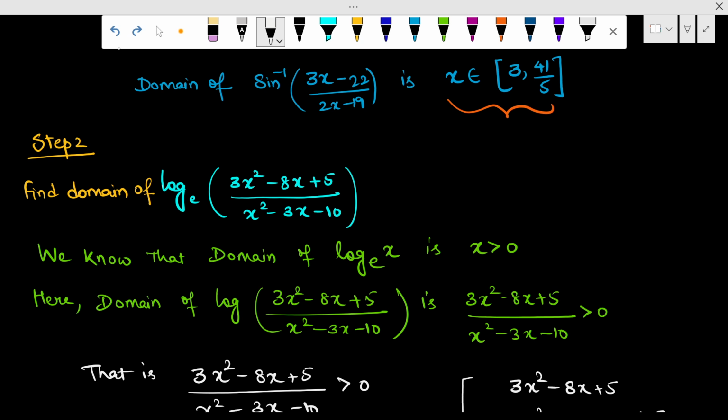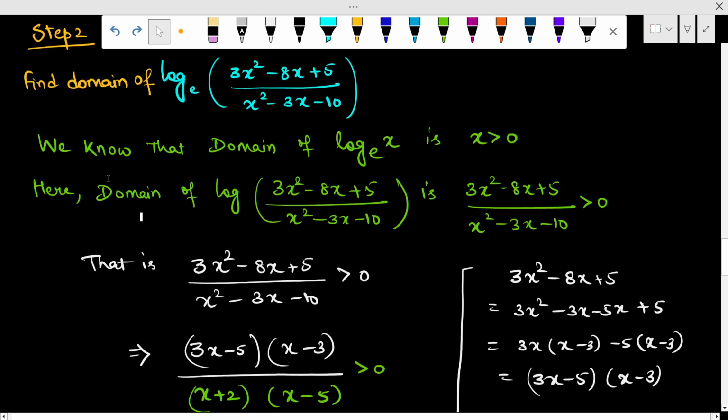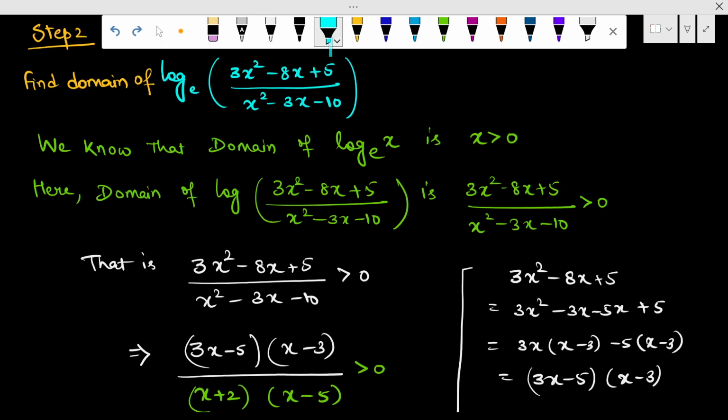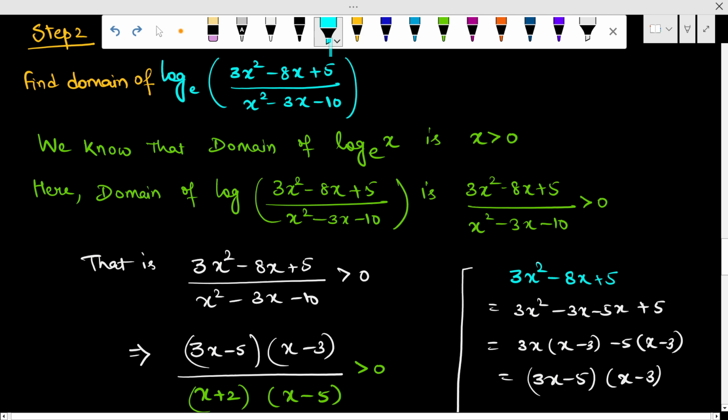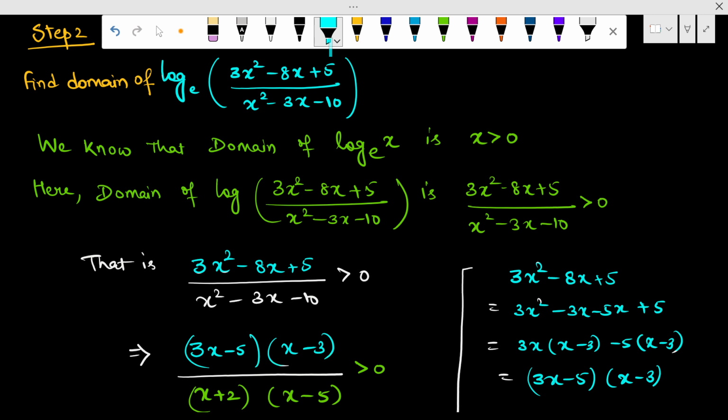Now all of you know to factorize this numerator 3x square minus 8x plus 5. We can factorize it, right? We have factorized this and we have got it as (3x minus 5) into (x minus 3). In place of 3x square minus 8x plus 5, we can use (3x minus 5) times (x minus 3).